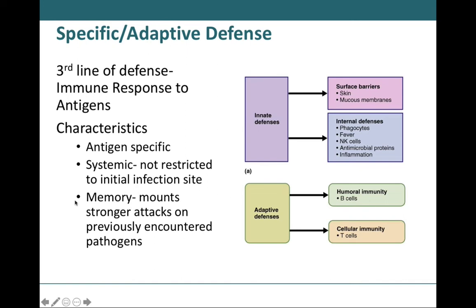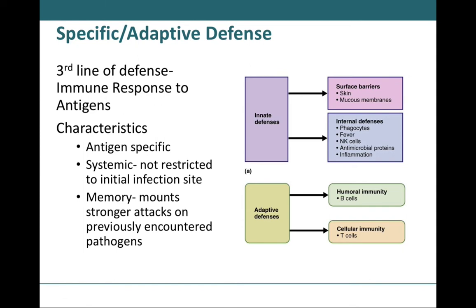We'll also see that memory is another characteristic that the adaptive immune system displays that our innate immune system does not. Once our immune cells are triumphant over a particular pathogen, many of the cells that were used to fend off that pathogen will eventually break down. However, not all of the cells that were produced to defend against that pathogen will disappear. We will have certain memory cells that will remain after our adaptive immune system is stimulated.